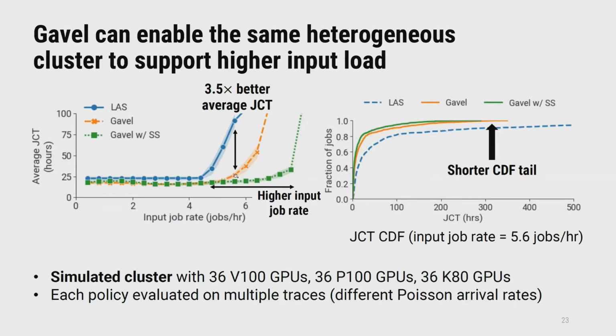But if you use Gavel, it's actually low at 25 hours because it switches the jobs between different GPUs during runtime. It also has a shorter CDF tail, which means the resources are actually better utilized. You don't have jobs waiting in the queue for hundreds of hours for training.